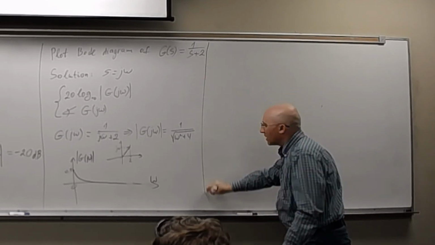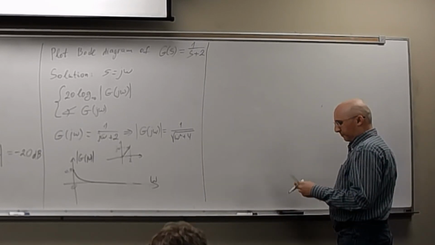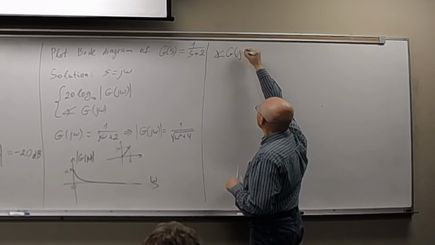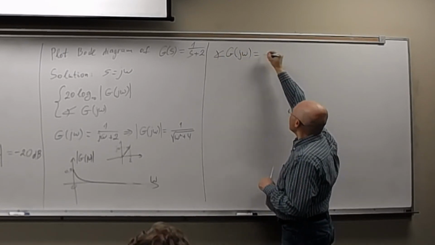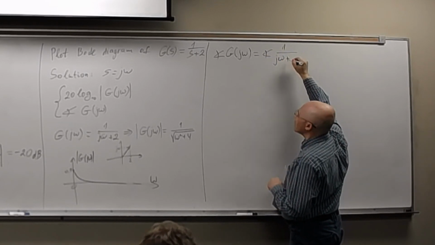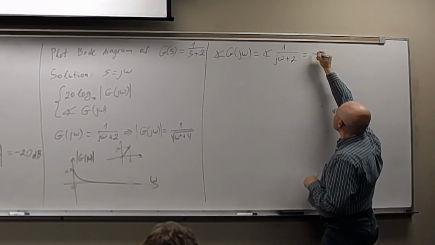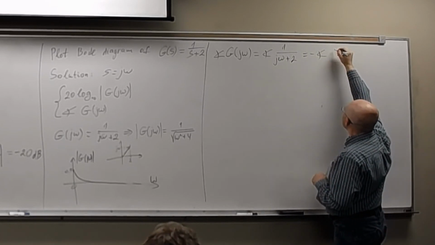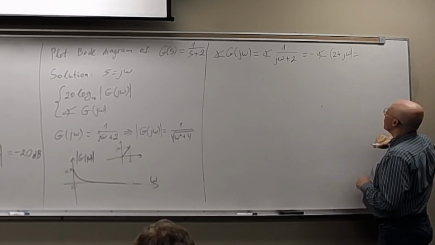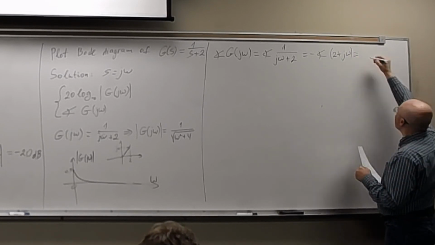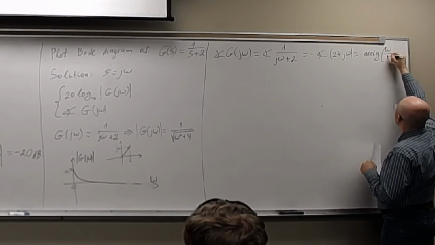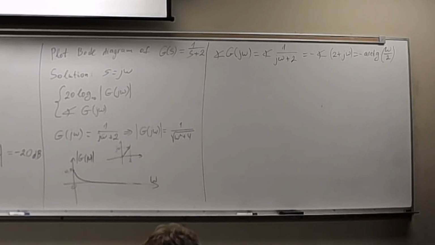Now, let's take the second part, which is phase. So you want to compute the angle, and then it will be the angle of 1 over j omega plus 2, which is minus the angle of 2 plus j omega, which is minus arctangent of omega over 2.